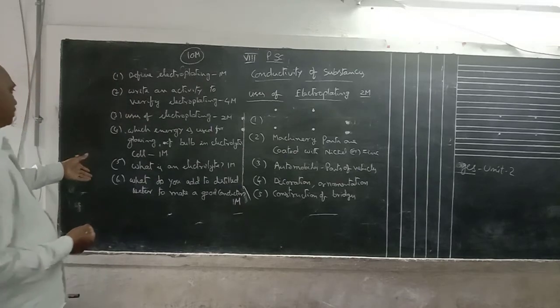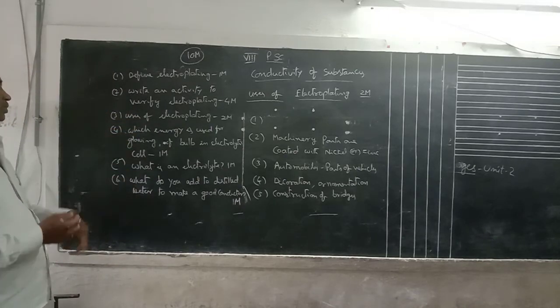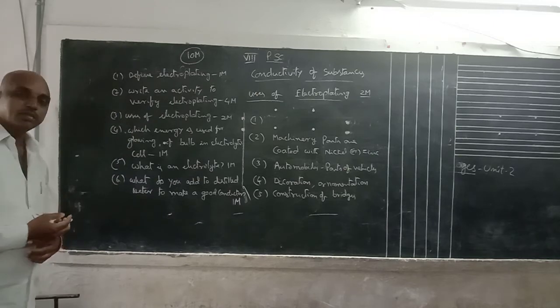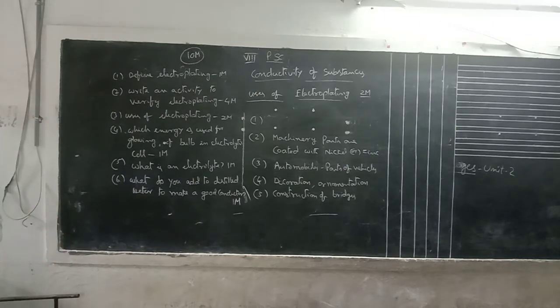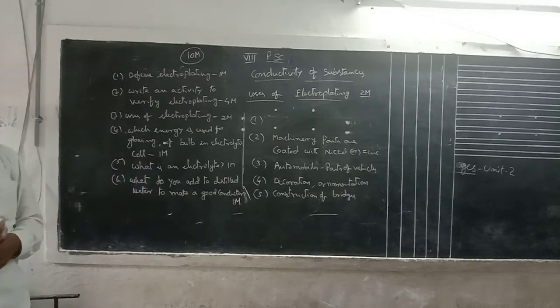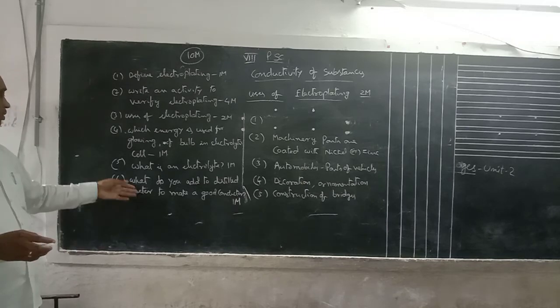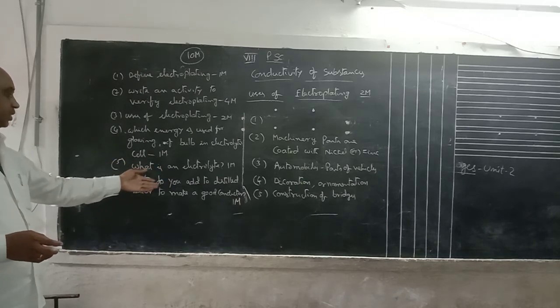These are the questions. Which energy is used for glowing of the bulb in an electrolytic cell? Chemical energy. A battery converts chemical energy into electrical energy. What is an electrolyte? Liquids which allow the current freely are called electrolytes. What do you add to distilled water to make it a good conductor?